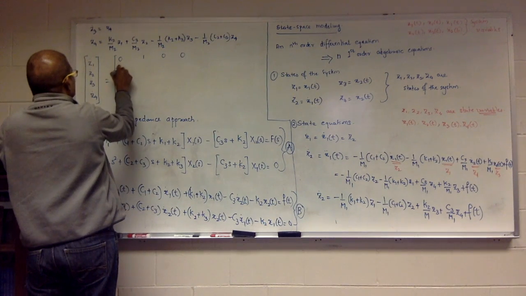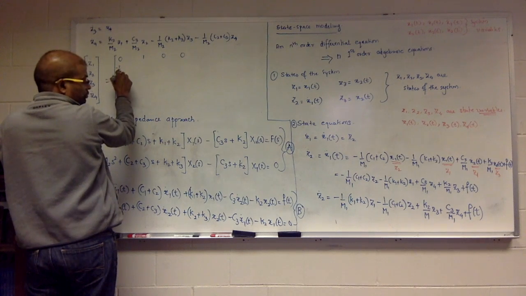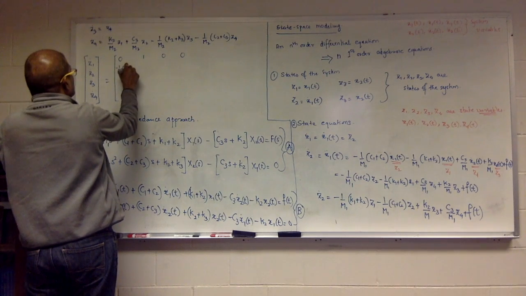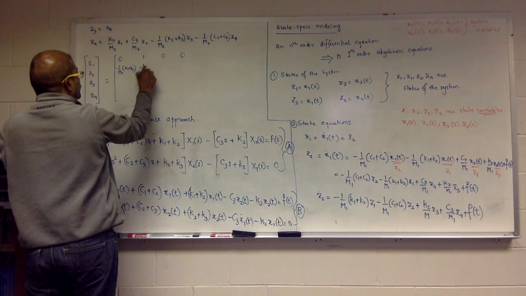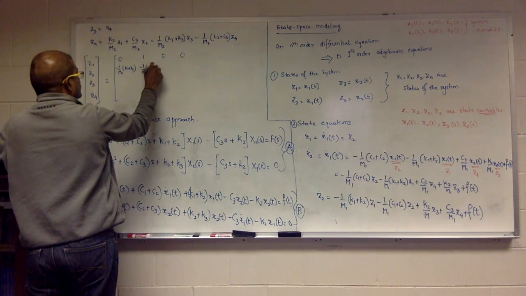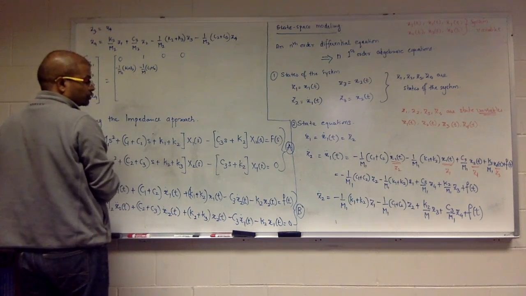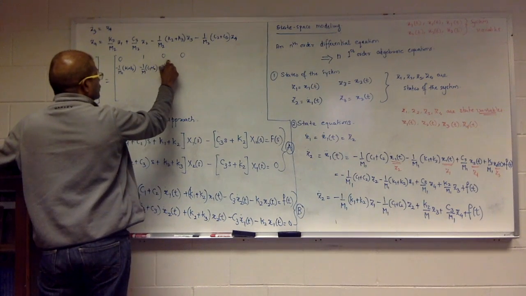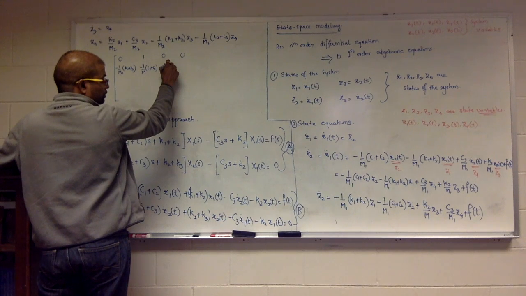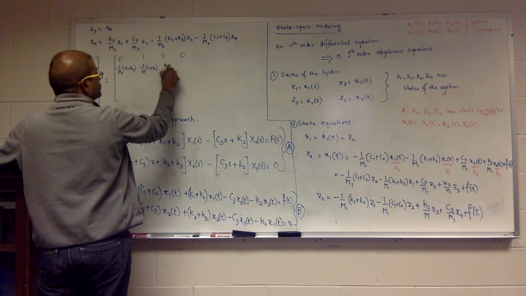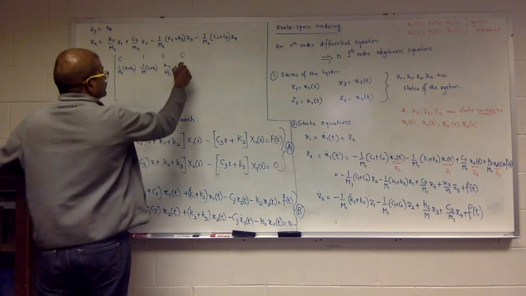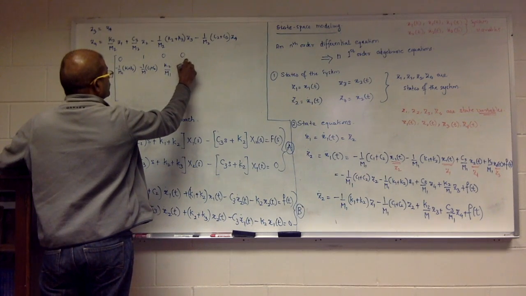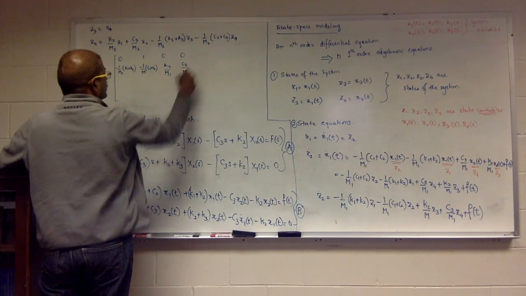This is minus 1 over m1 (k1 plus k2), minus 1 over m1 (c1 plus c2), K2 over m1 and c3 over m1.